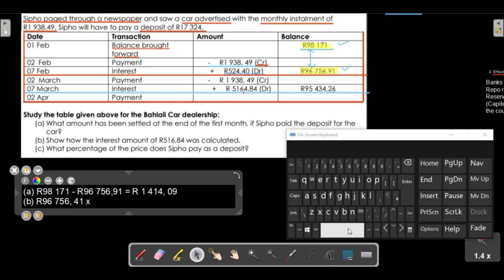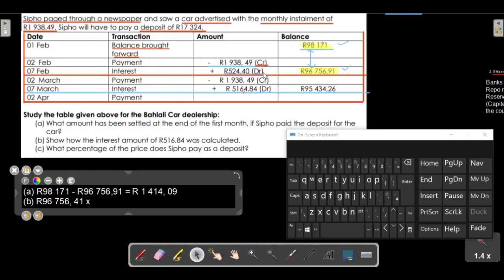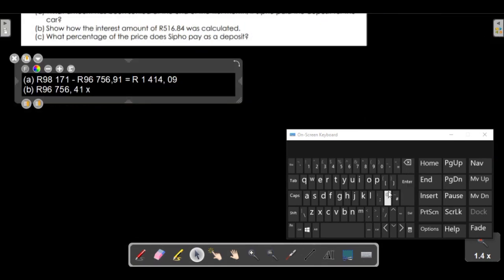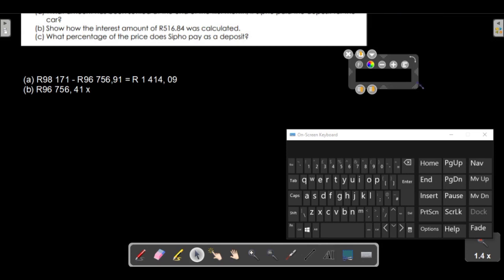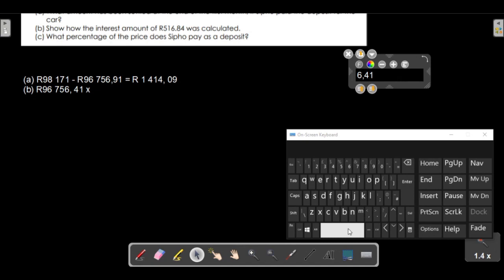multiplied, guys, by, okay. Now we first divide that 6.41 by 100. First, to take out that percentage sign there, so we'll say 6.41, divide that by 100.